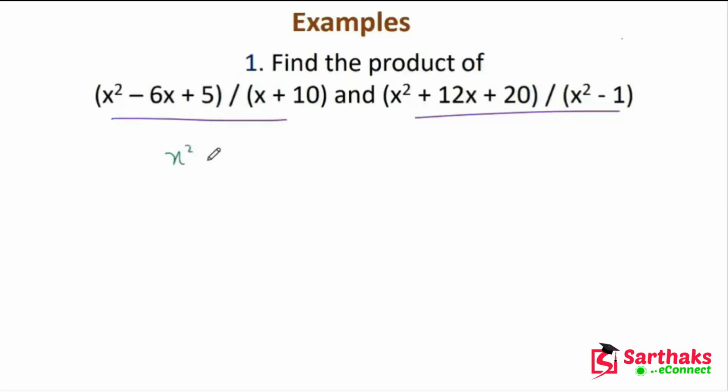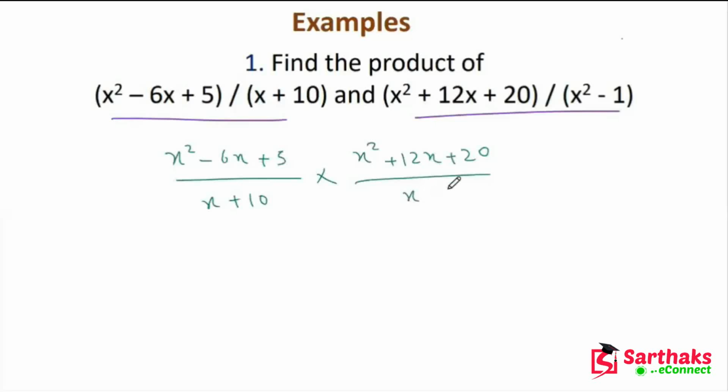x square minus 6x plus 5 divided by x plus 10, multiply x square plus 12x plus 20 divided by x square minus 1. So first of all, we have to find the factors of the polynomials, the numerator polynomial.